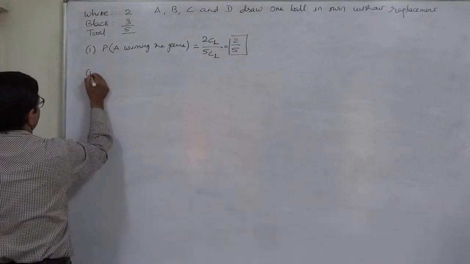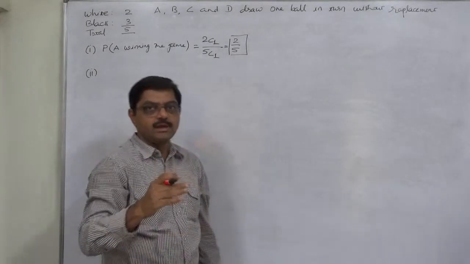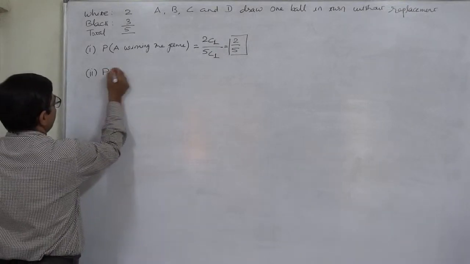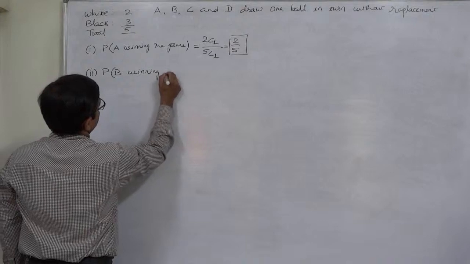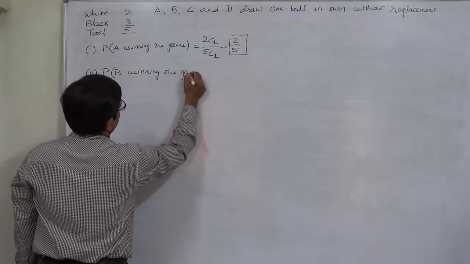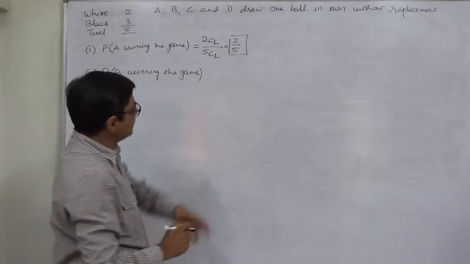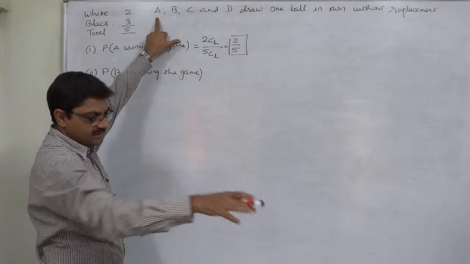Number 2. Now gradually the case will become more and more complicated. Probability of B winning the game. First of all, B's turn is dependent on A. First there is A's turn. A takes a ball.